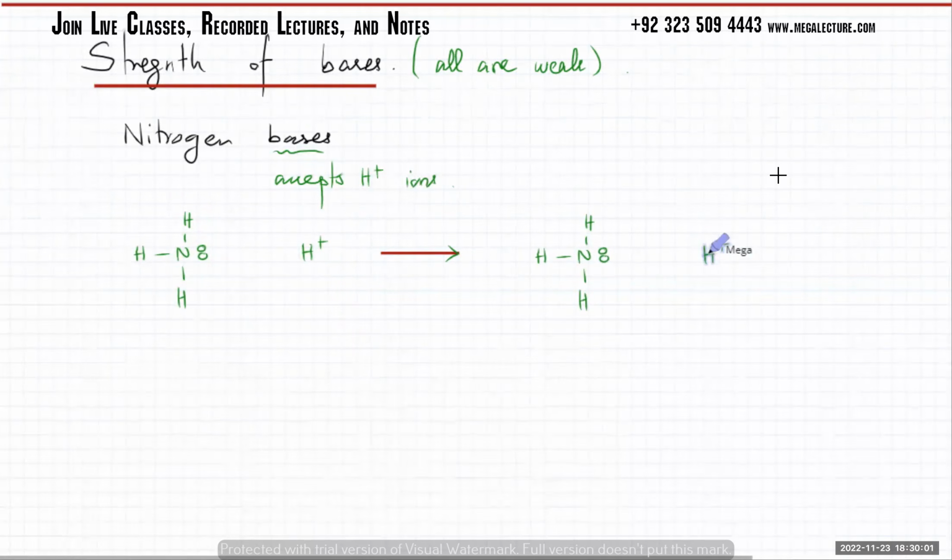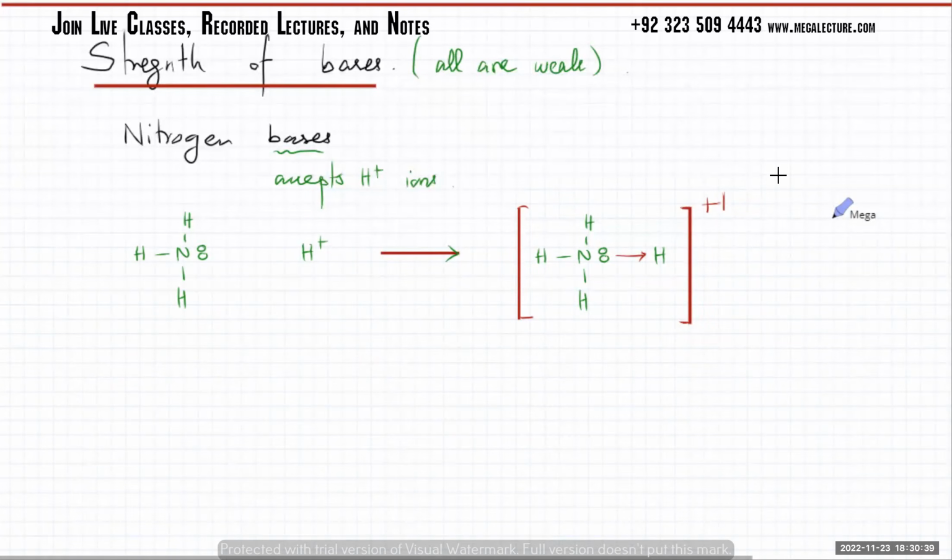And the H plus 1 is going to come closer to it, and eventually they would form a dative bond. The plus 1 charge will now be on the entire thing, because a neutral thing is getting added to a positive H. So the whole thing now actually has a plus 1 charge, and that's your ammonium ion.